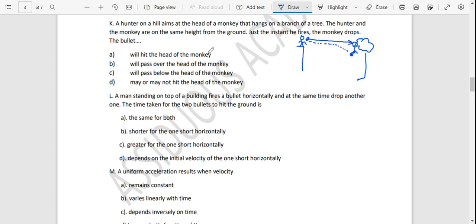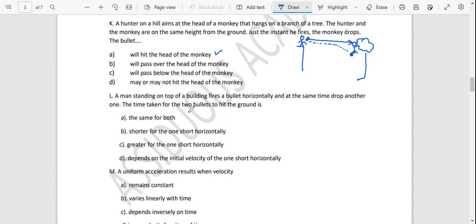So they are going to be at the same position, and hence the bullet is going to hit the head of the monkey. All right. That is because the bullet was thrown and there is no component in the y direction. So the initial velocity of the bullet is 0 in the y direction. Same, the initial velocity of the monkey is 0 in the y direction because it just dropped.